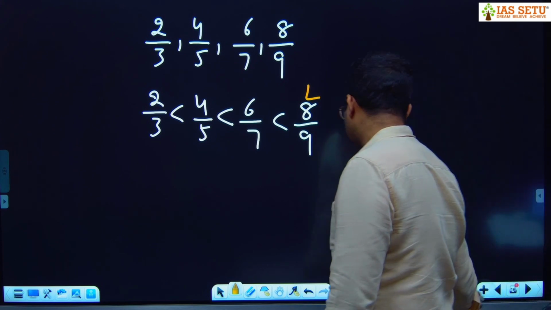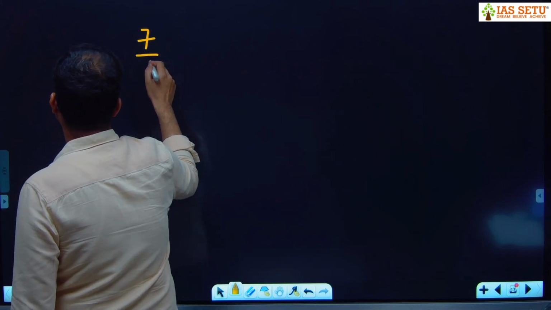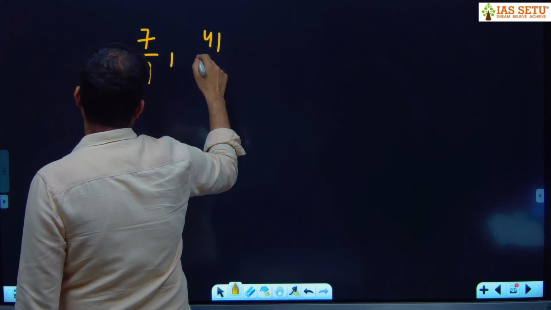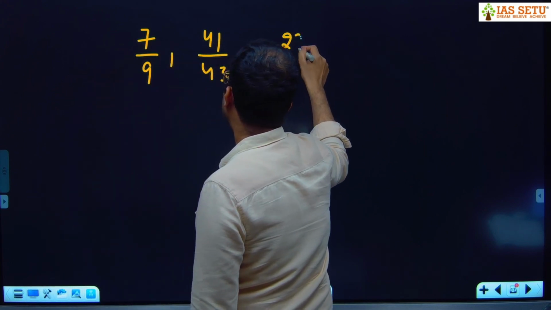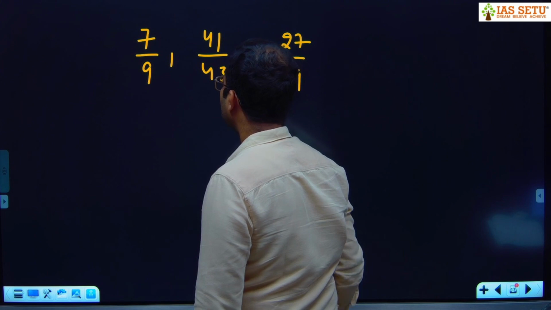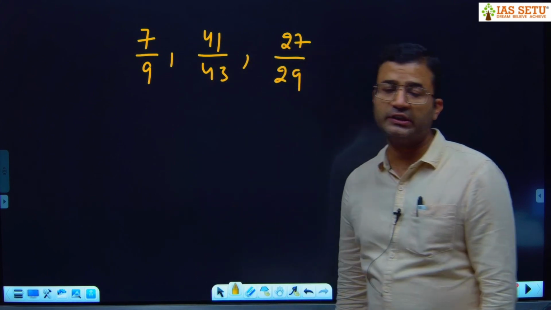Now try one more question. 7 upon 9, 41 upon 43, 27 upon 29. You have to arrange these fractions in ascending order.